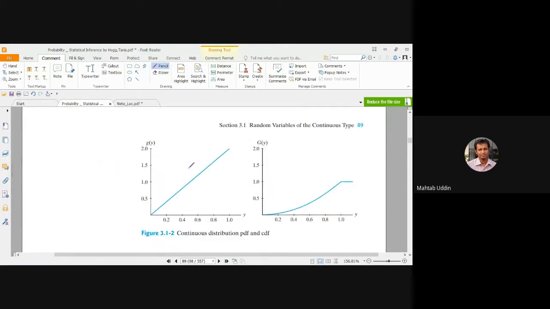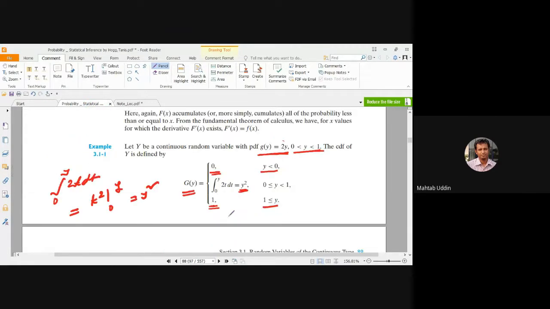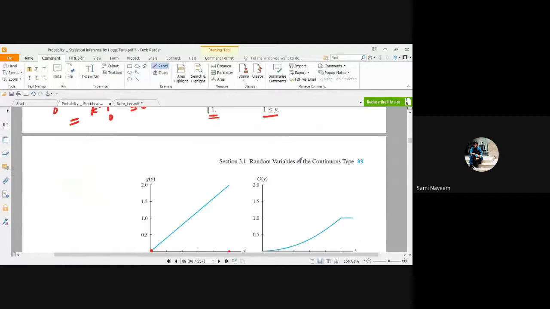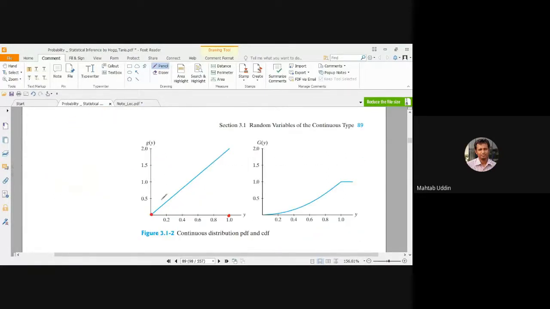Now you can see the interval given is 0 to 1, and between 0 to 1 the PDF is twice y, which is a line. You can extend it, before 0 it is 0 and after 1 it is also 0, but that is not mandatory.